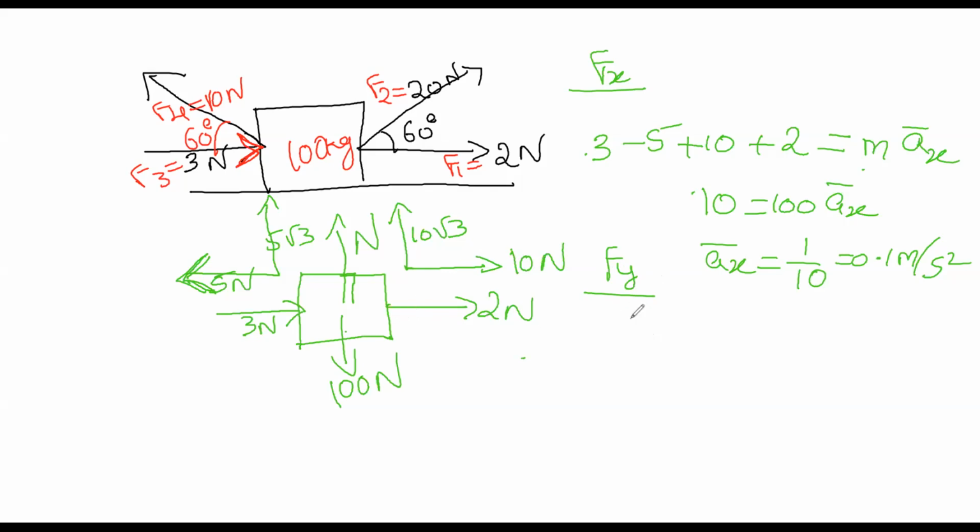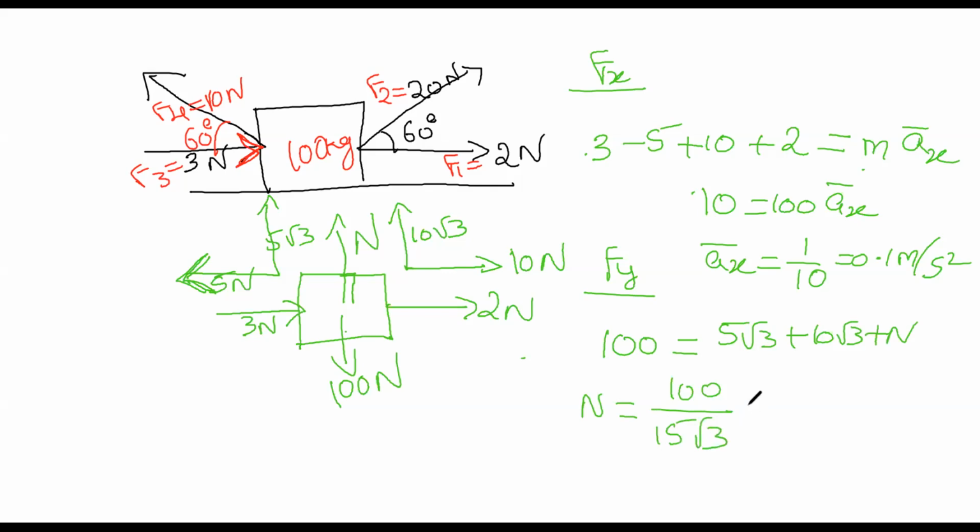Equilibrium means the downward forces equal the upward forces. What are the upward forces? 5 root 3 plus 10 root 3 plus normal force should be equal to 100 Newton. So we have this normal force as 100 minus 15 root 3, correct?